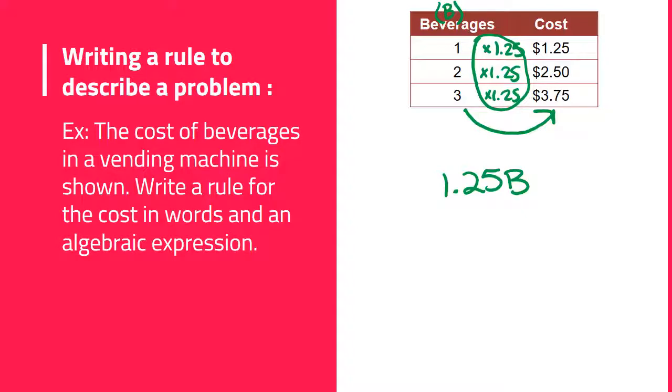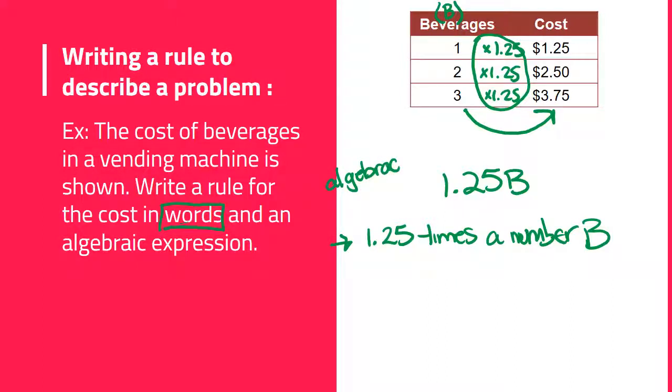You don't need a dollar sign in here because it's an expression. A dollar sign would be a label for the final answer, so we don't have to include it in our work. But now we also have to write it in words. So I would say 1.25 times a number B. That would be my words, and this would be my algebraic expression.